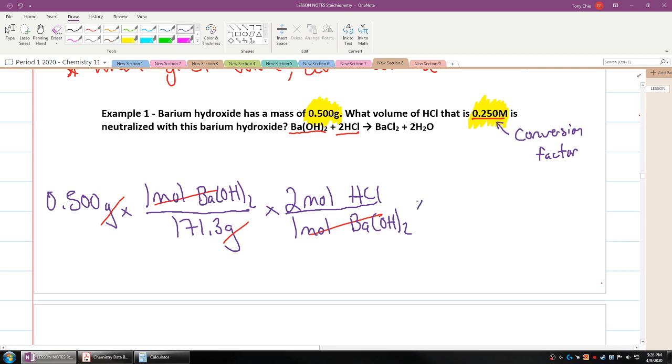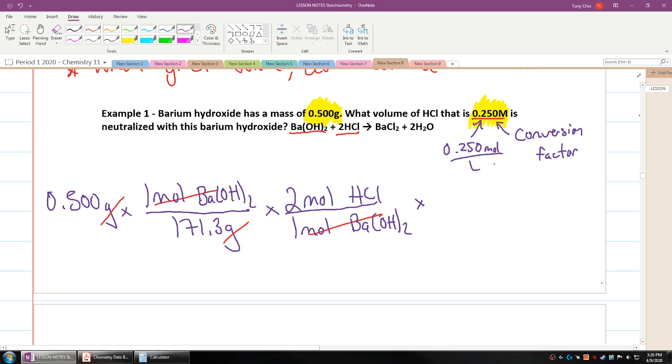Our last step is to use our concentration of HCl to help us solve for volume of HCl. Now we know that this value is 0.250 moles per liter. That's what concentration is. It's moles per volume.